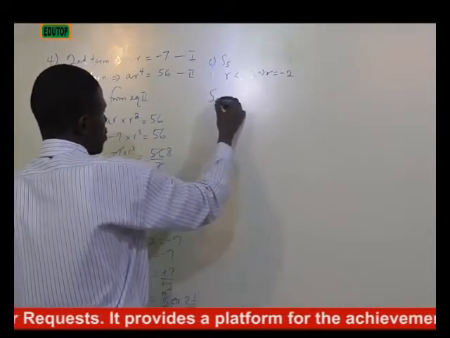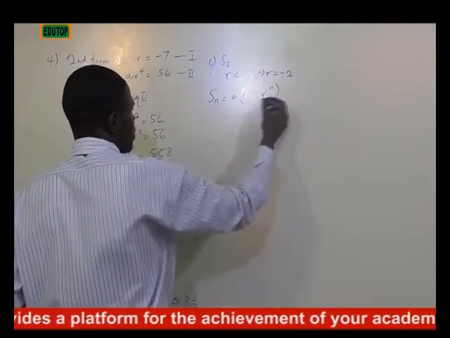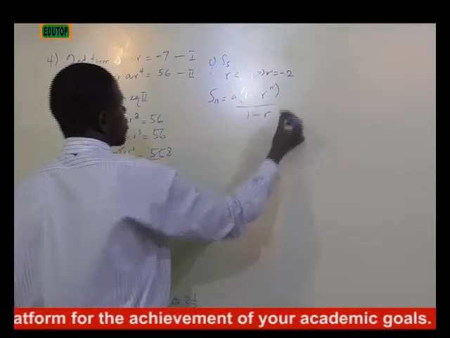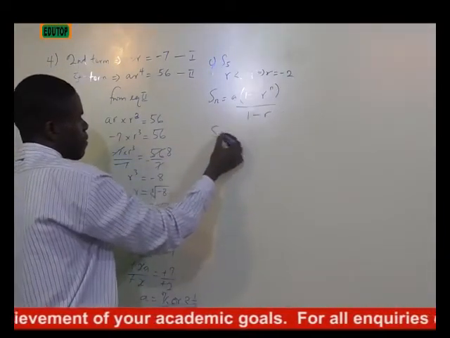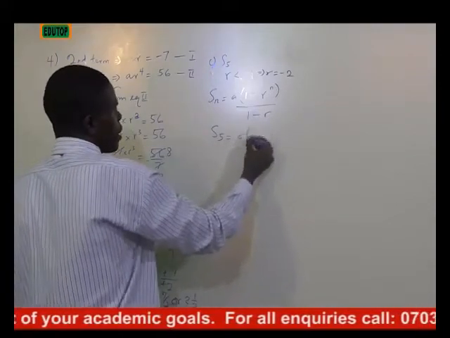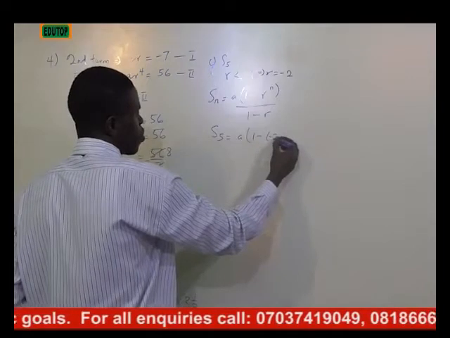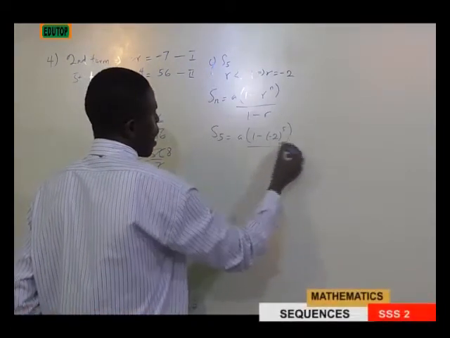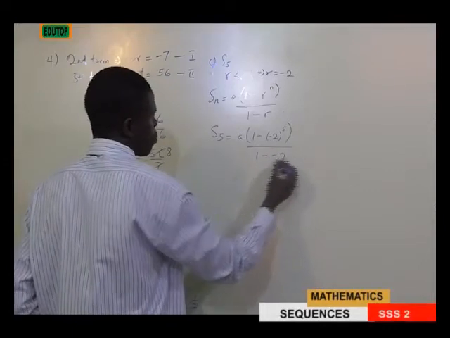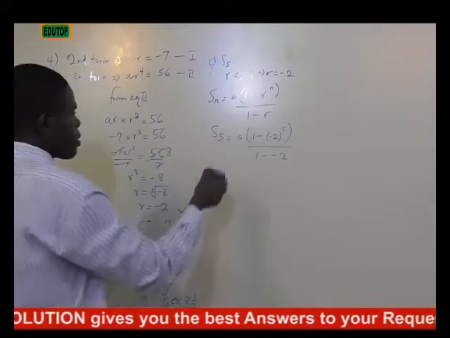So we resort to this formula, 1 minus R raised to power n over 1 minus R. So here, our S5 will now be A into 1 minus 2 raised to power 5 over 1 minus 2. What is our A? Our A is 7 over 2.